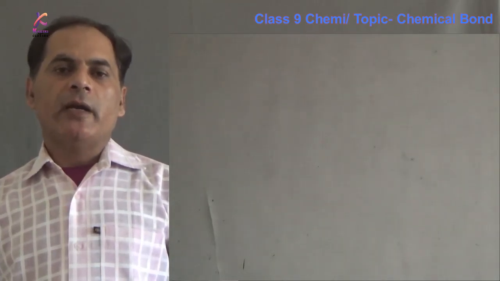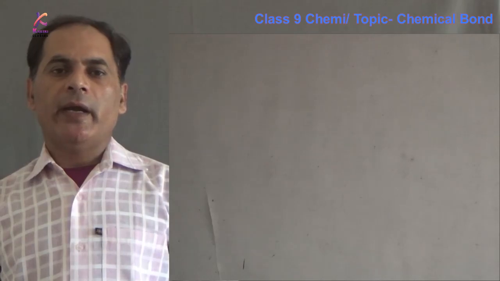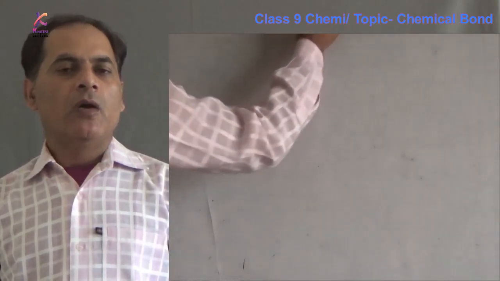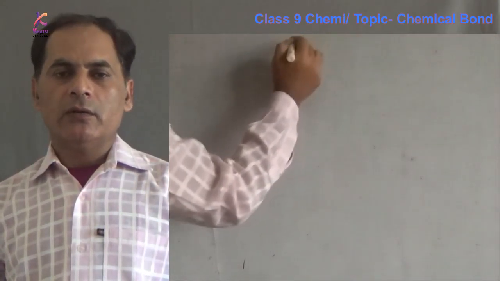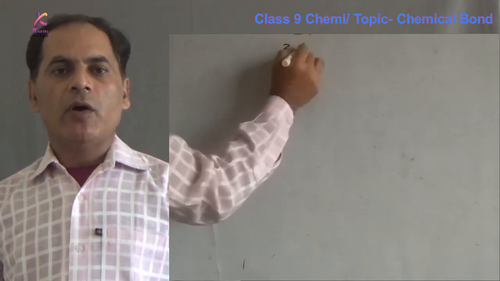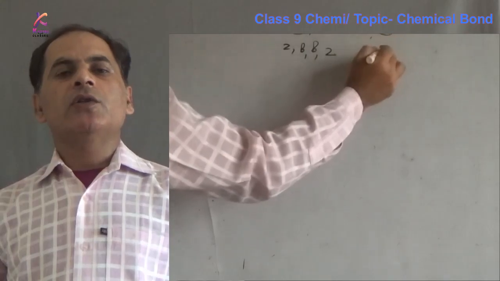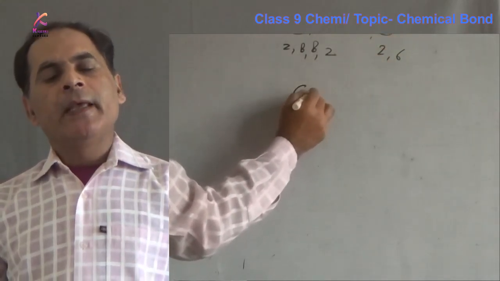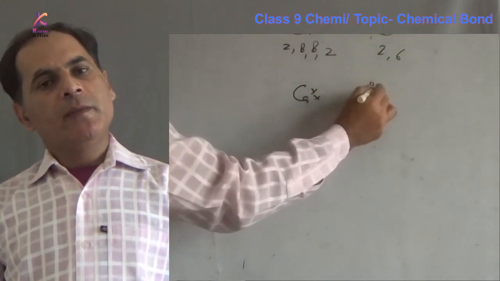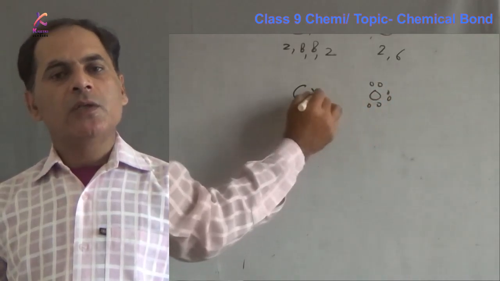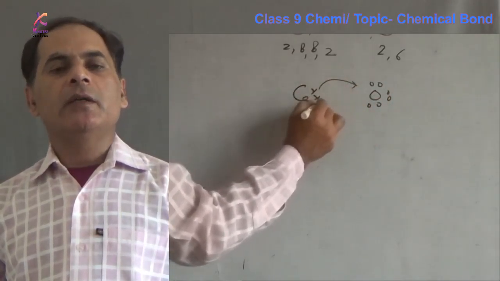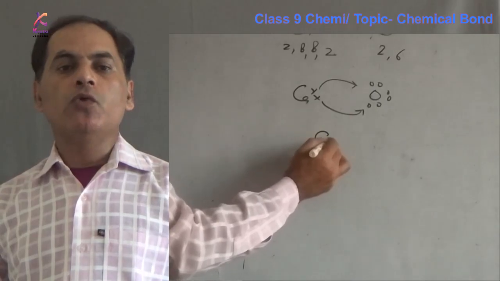In calcium oxide, calcium has the configuration 2, 8, 8, 2, and oxygen has 2, 6, so 6 electrons in the outermost shell of oxygen. Oxygen requires 2 electrons. These 2 electrons will be donated by the calcium atom because calcium has 2 electrons in the outermost shell. So calcium gets di-positively charged as it loses 2 electrons.